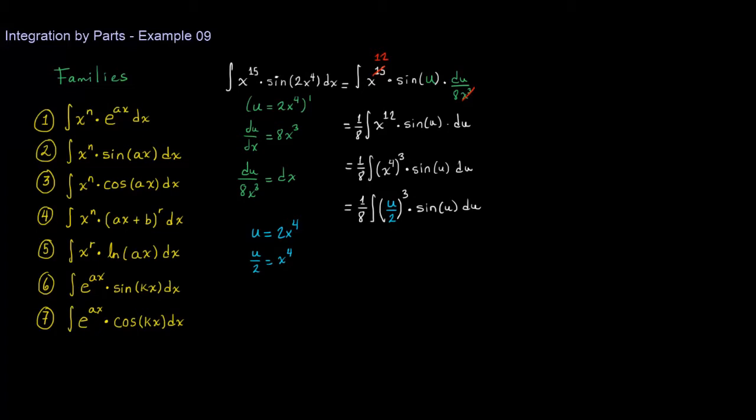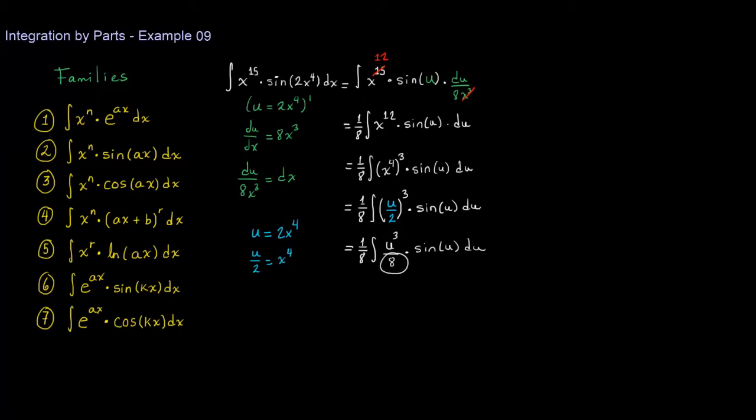Now I'm going to simplify this because we can apply the 3rd power to both the u and the 2 in this fraction. So it's going to look like u to the 3rd over 2 to the 3rd, which is 8, times sine of u du.